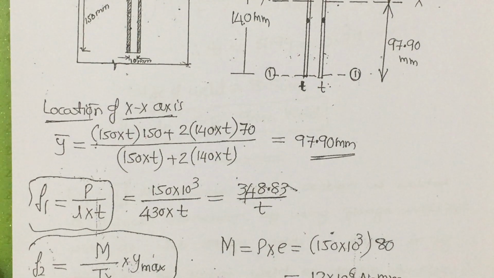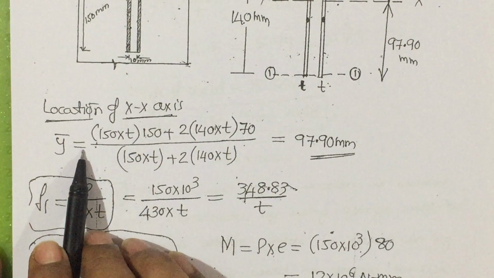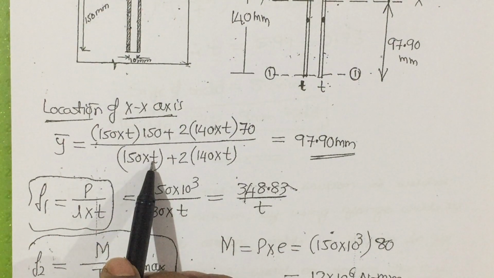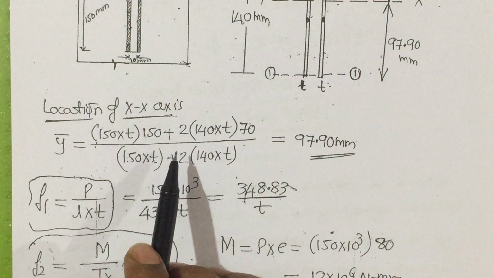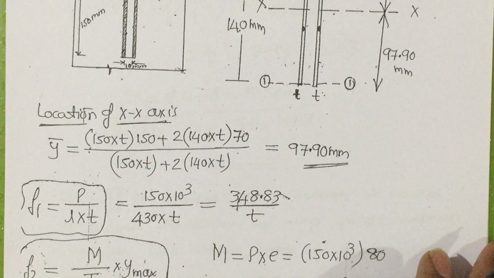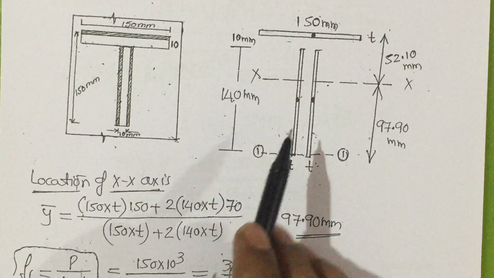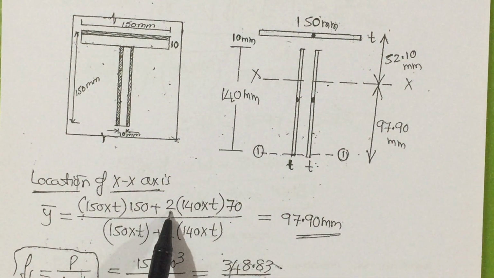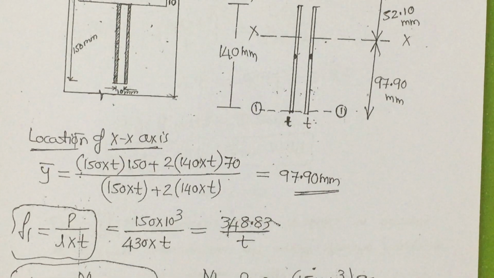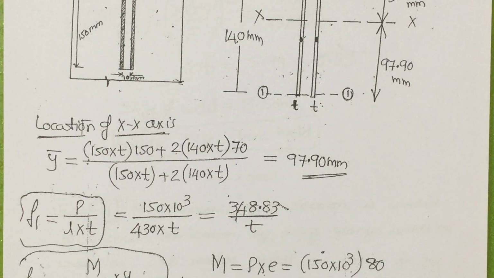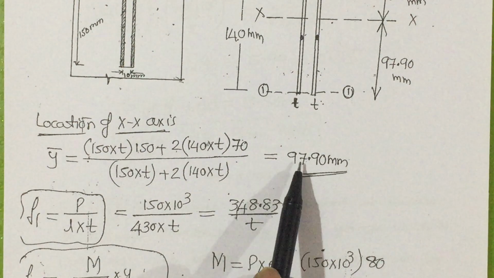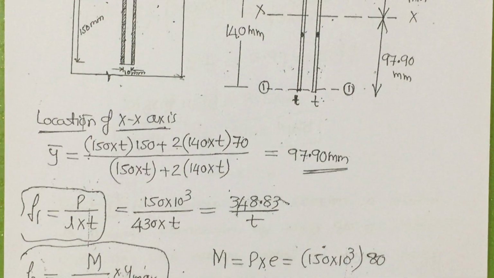Y bar is given by the formula summation of ay divided by summation of a, or a1 y1 plus a2 y2 plus a3 y3 divided by a1 plus a2 plus a3. Since these two are similar, we multiply by 2 instead of writing once again. We discussed how to calculate these centroidal distances in the previous problems. So y bar you are going to get as 97.9 mm.